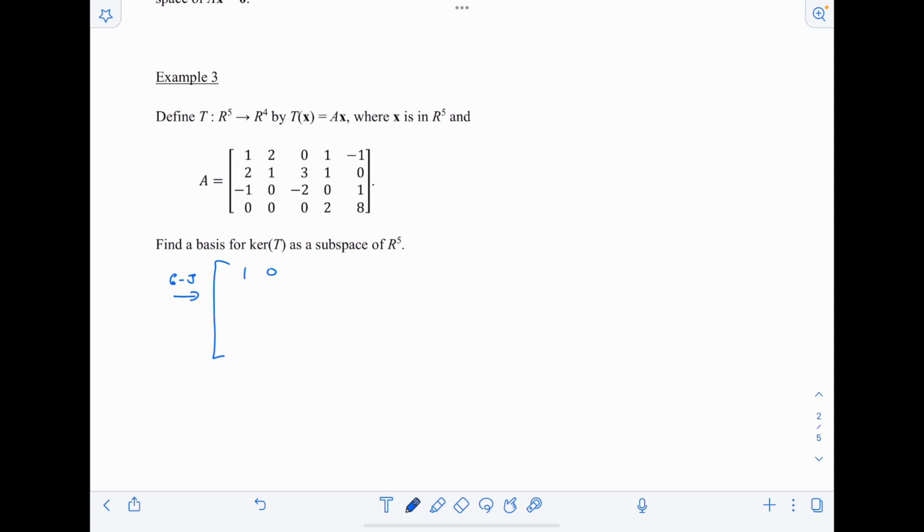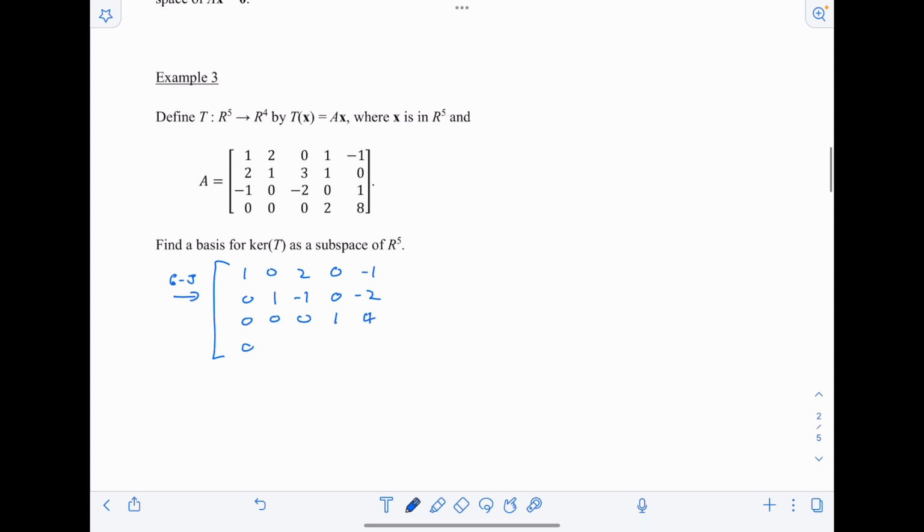And what we end up with is a 4 by 5 matrix: row one is 1, 0, 2, 0, -1; row two is 0, 1, -1, 0, -2; row three is 0, 0, 0, 1, 4.